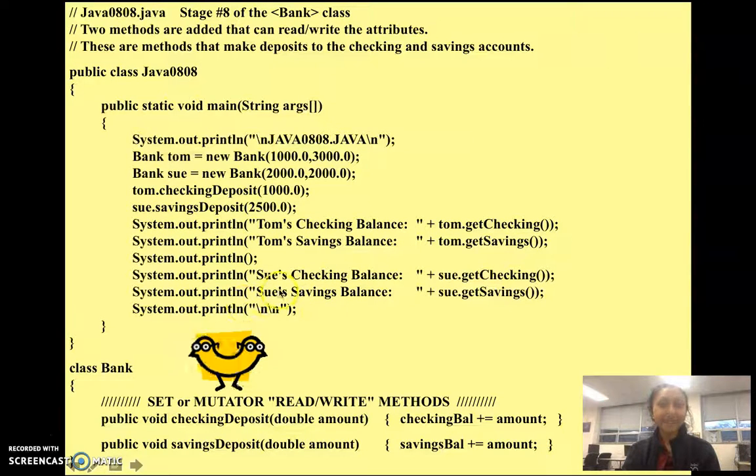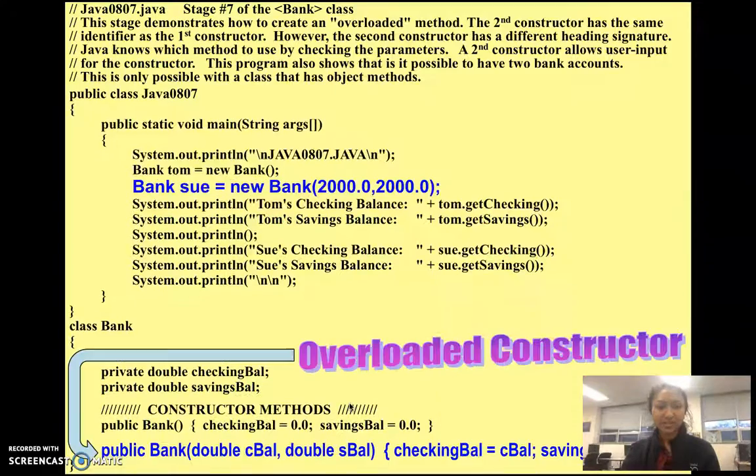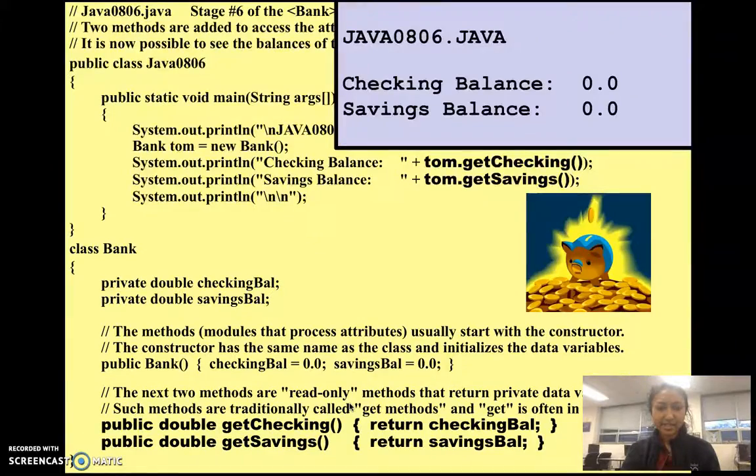So what they try to highlight here, you guys, is these methods which let you manipulate the attributes associated with a class are called set or mutator or read-write methods. So remember, those first set of methods that you saw, getSavingBalance and getCheckingBalance, those are called your get methods. Let's just go back quickly and see that.